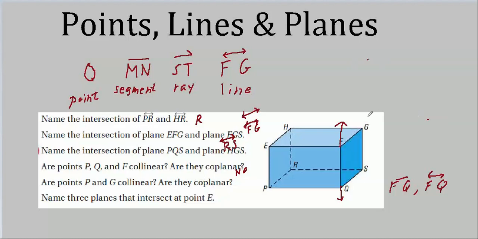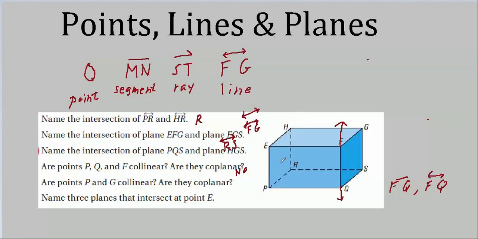Are they coplanar? Well, just as any 3 points can define a plane, any 2 points could be placed within a plane, I guess I should say. Although maybe any plane, because remember, 2 points define a line.